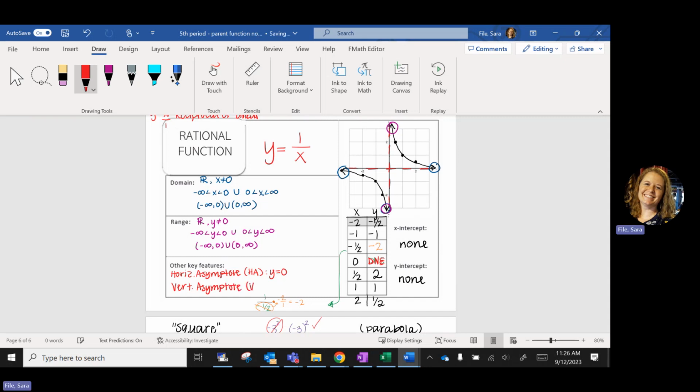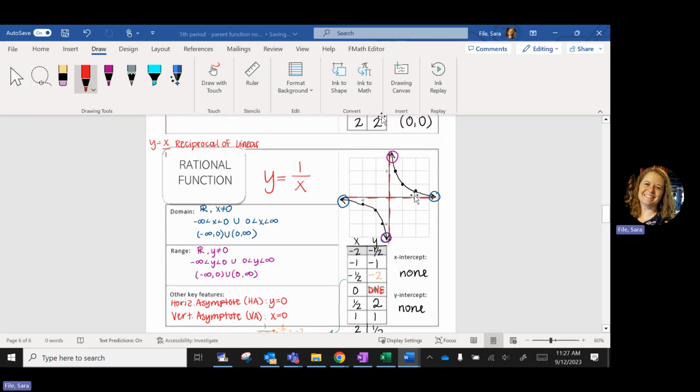You'll see me abbreviate it as VA, at x equals 0. It is the y-axis. So both axes are asymptotes in the rational parent function. So those are key features of that function. Cool?